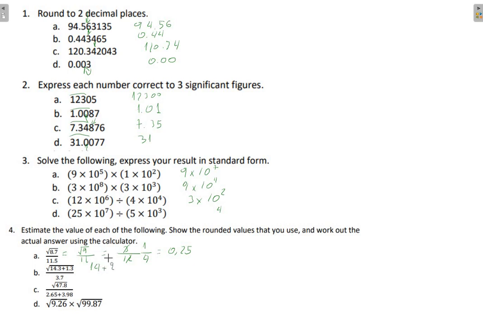Okay, 1/4, 0.25. In this case, you can round 14.3 to 14, 1.3 you can round to 2, square root, and then you can put here a 4. 14 plus 2 is 16, divided by 4. Square root of 16 is 4, divided by 4, so this is a 1.